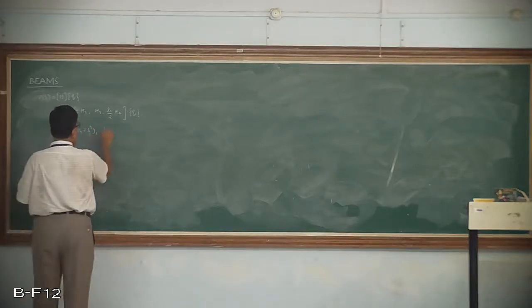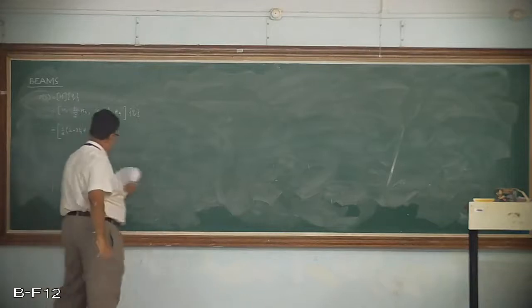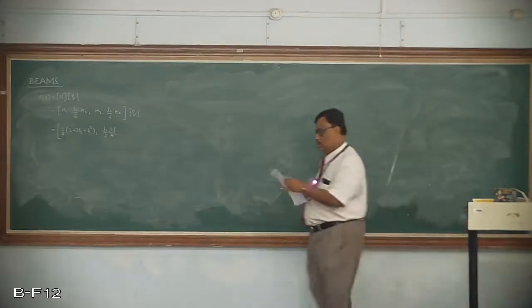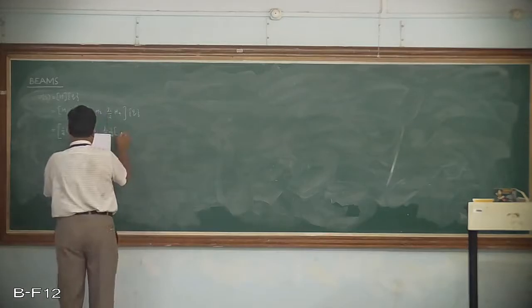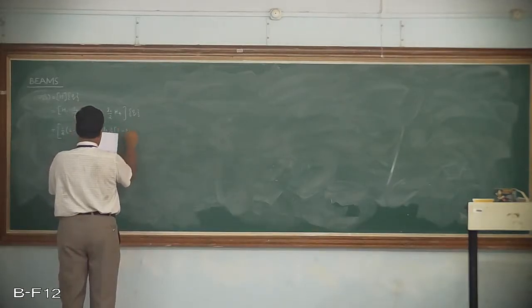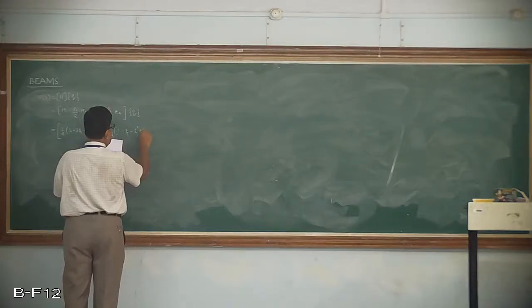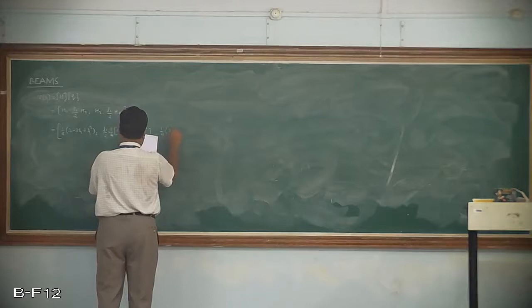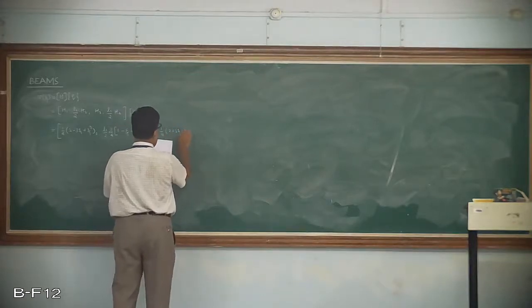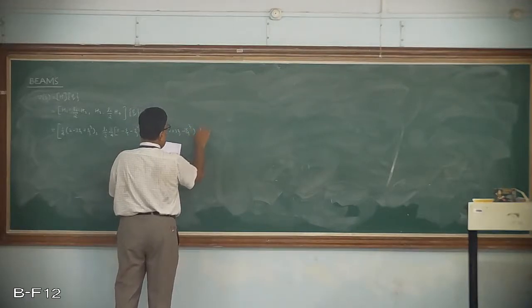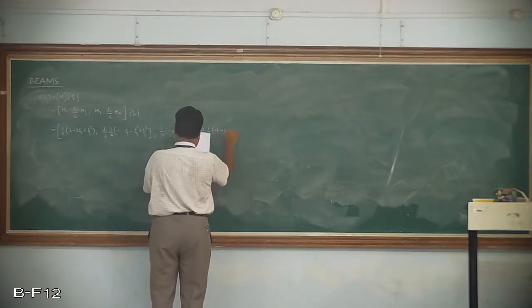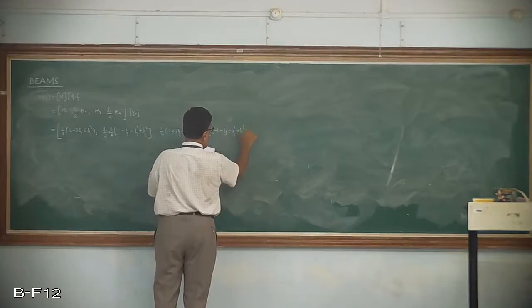Le upon 2 into 1 by 4 times minus 1 minus zeta plus zeta square plus zeta cube, and so on. The third is 1 by 4 into 2 plus 3 zeta minus zeta cube. And then Le by 2 into 1 by 4 into minus 1 plus zeta plus zeta square minus zeta cube.